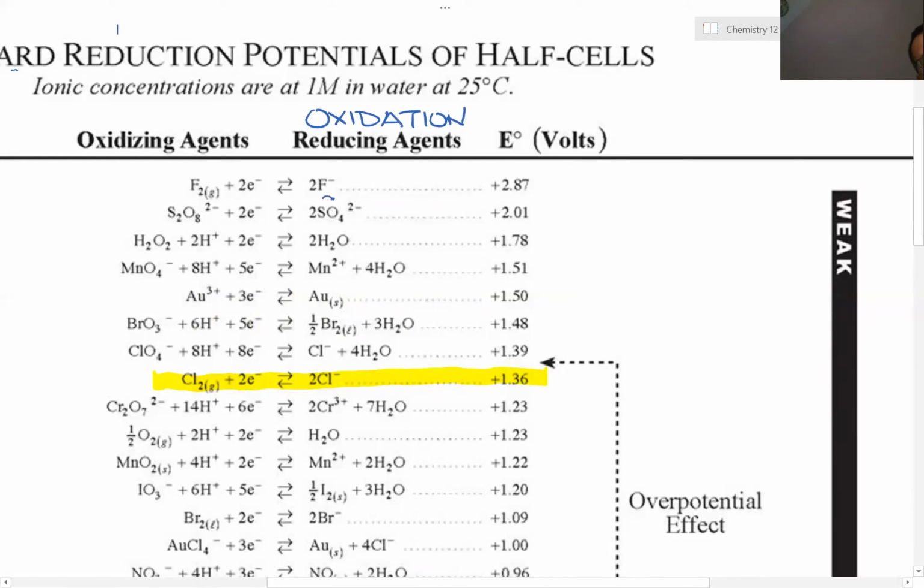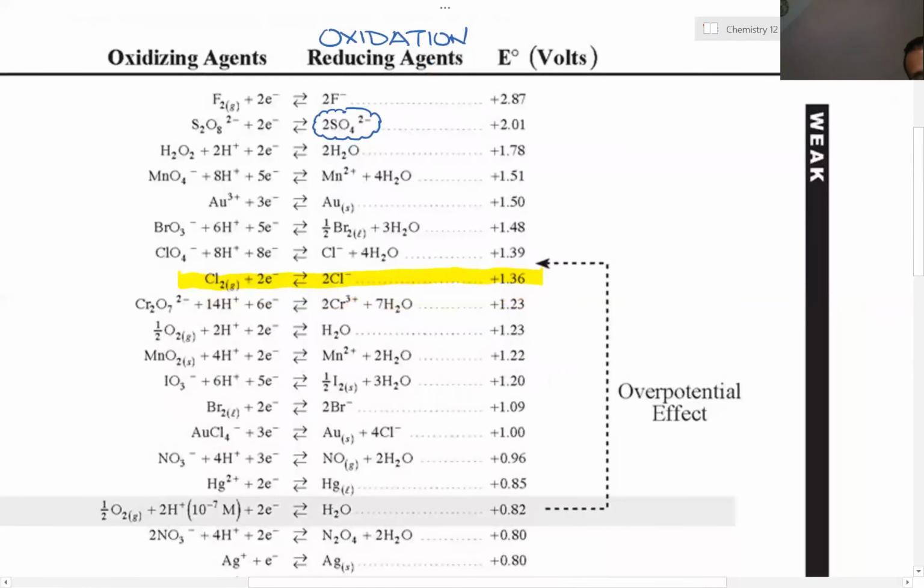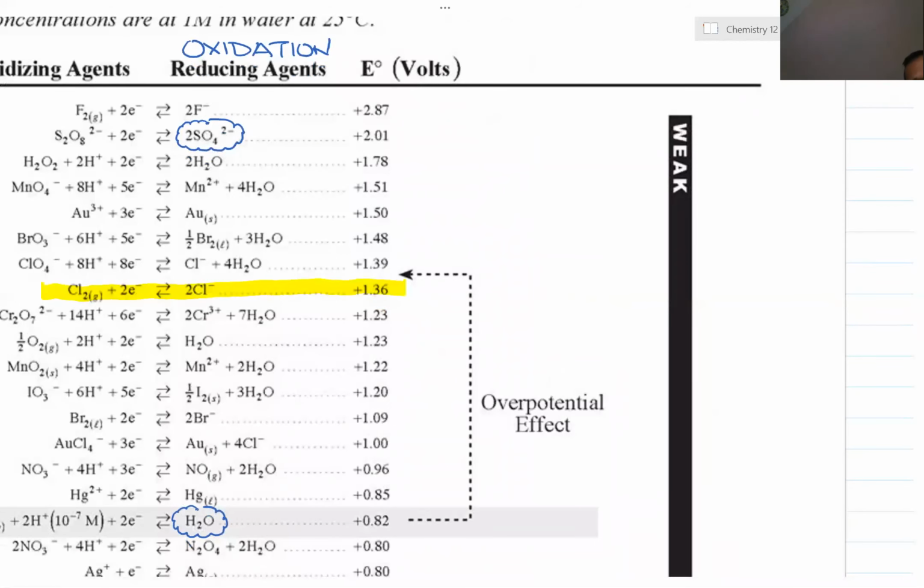So we have SO4 up here, and we have water down here. We're just focused on the right-hand side. Now, notice, since water is further down on the right-hand side, this is stronger than SO4 minus 2.